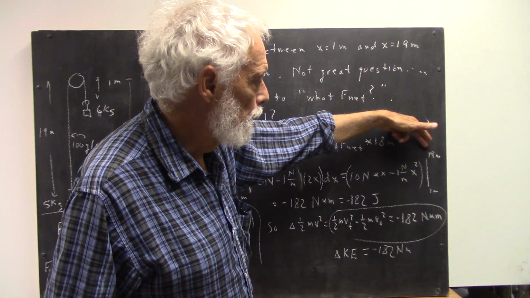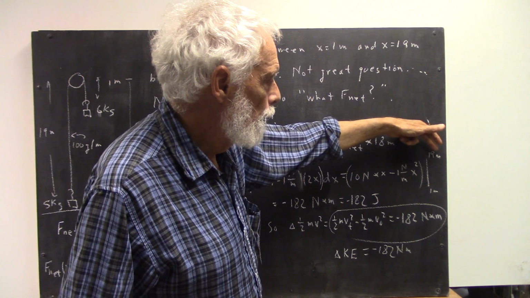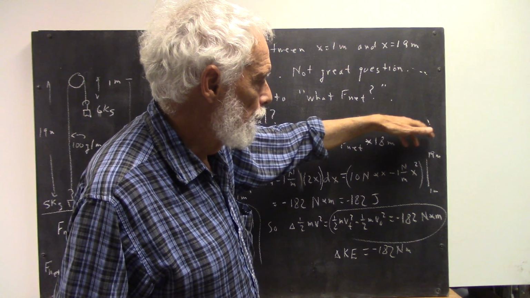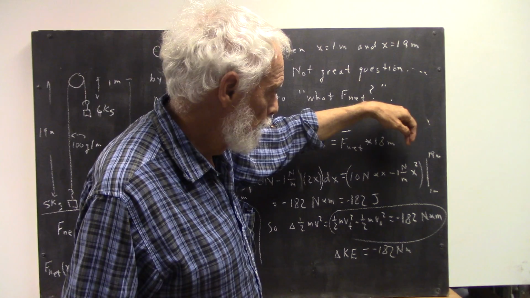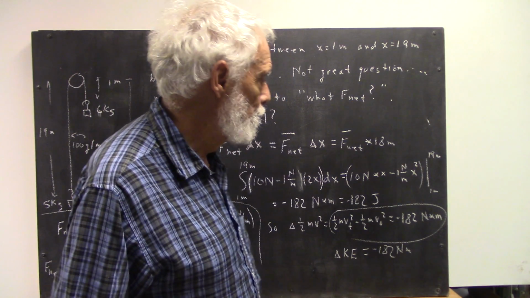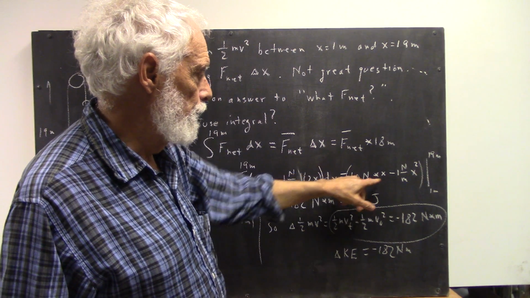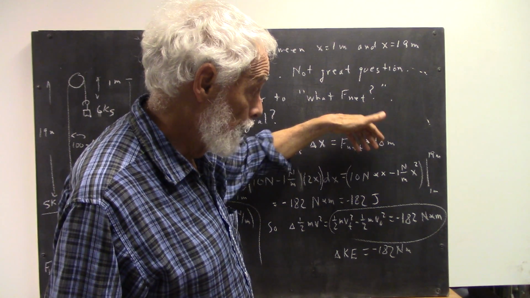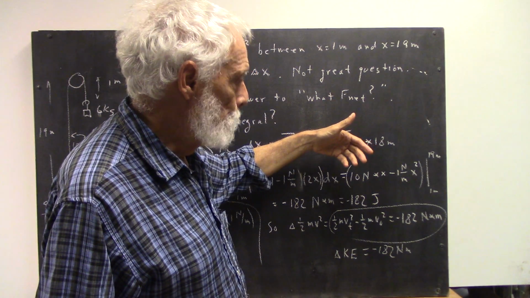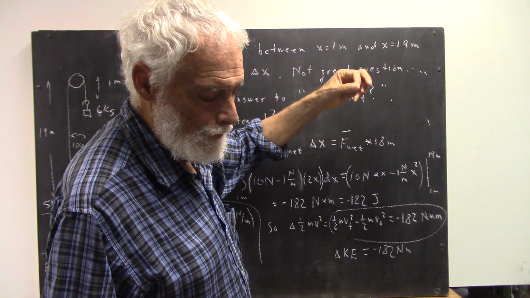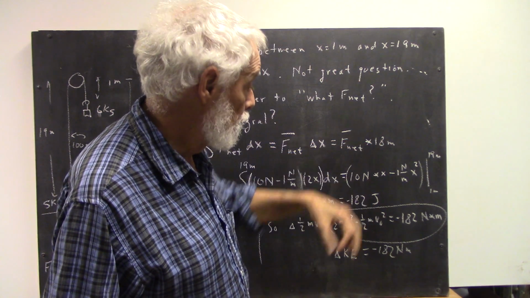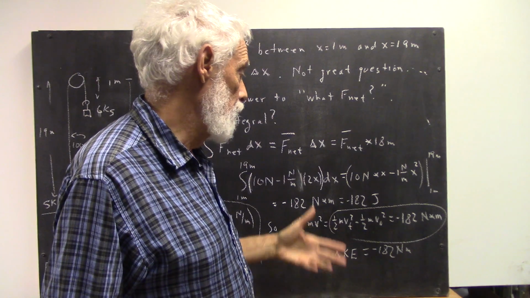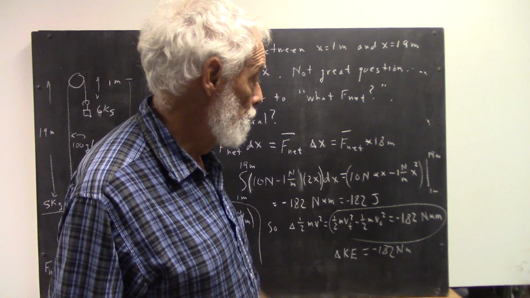Minus 361 newtons per meter times square meters, which comes out to negative 361 newton meters. And then plug in 19 meters for this, you get 190 newton meters, positive. 190 minus 361 is negative 171 joules.